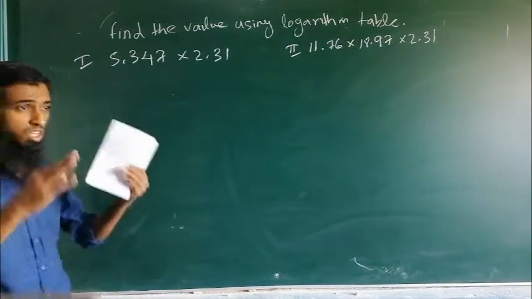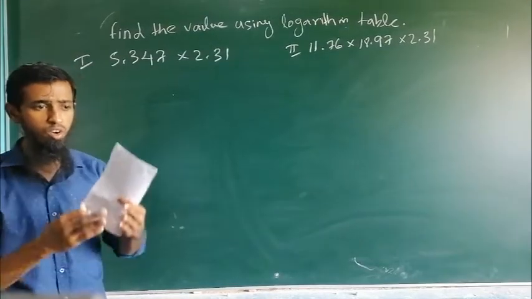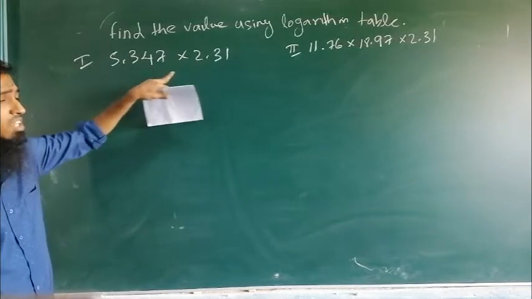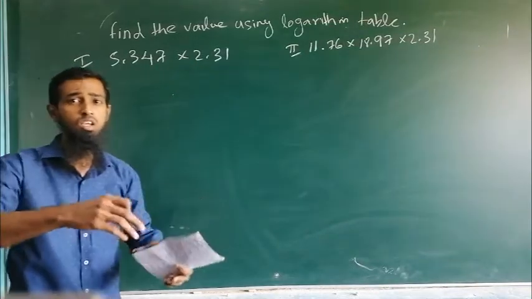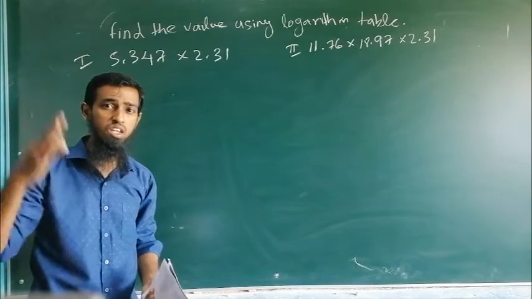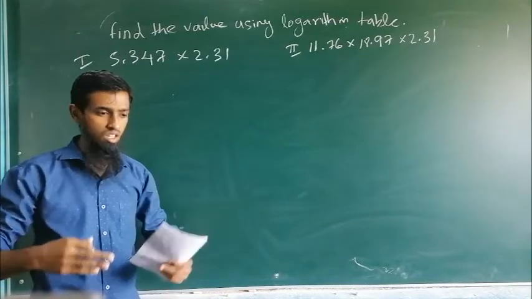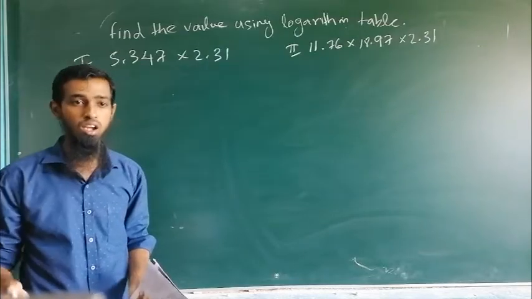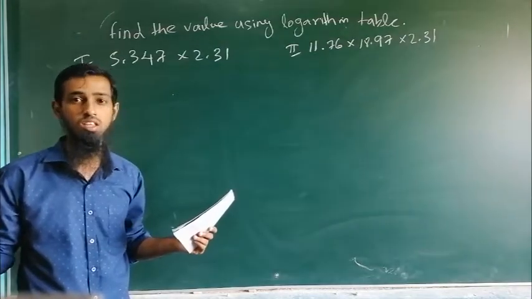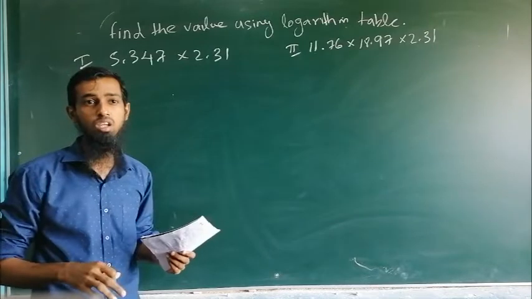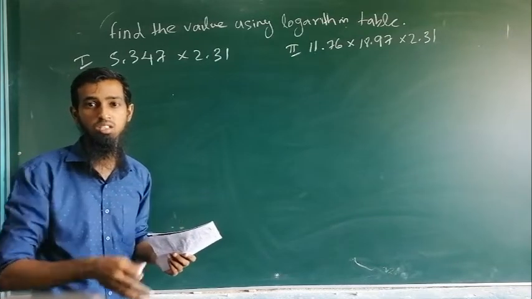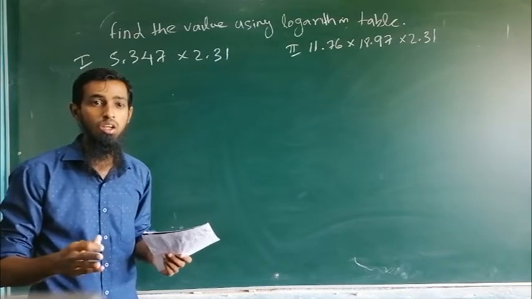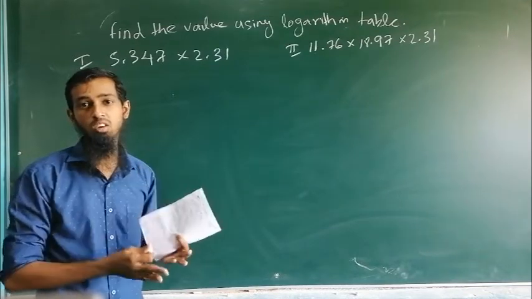We have some steps for using the logarithm table to find the value of the given number. Don't ignore the steps. Some students have the theory and an idea of logarithms, but while writing the answer in the exam, they ignore the basic steps. What happens if they ignore the steps?